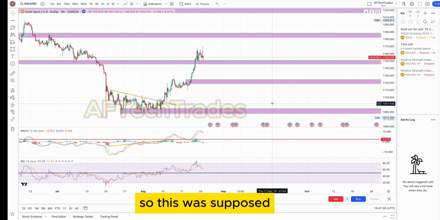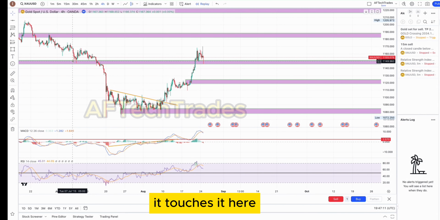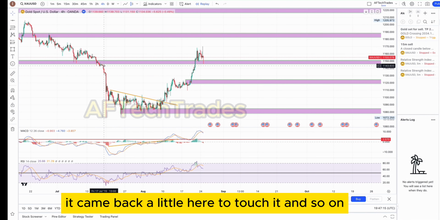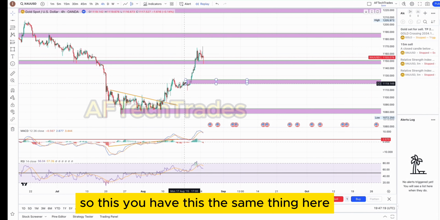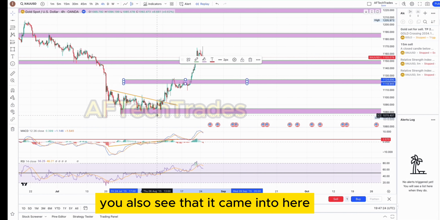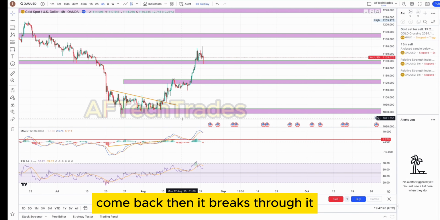So this is how you're familiar with my style of marking regions. This is a support and resistance zone, because it touches it here, went back as a resistance here, it breaks through here, it came back a little here to touch it, and so on. You have the same thing here. If I drag this back a little, you also see that it came in here, came back, then it breaks through it.